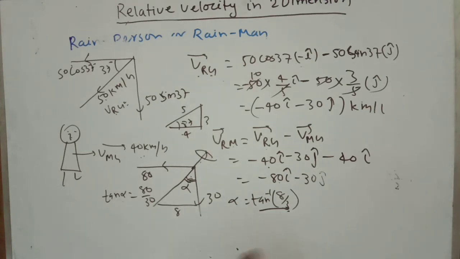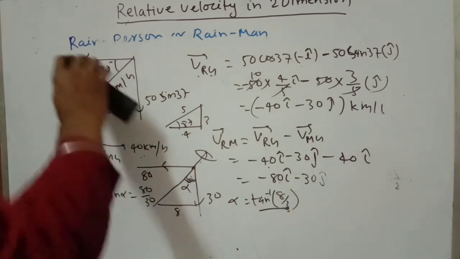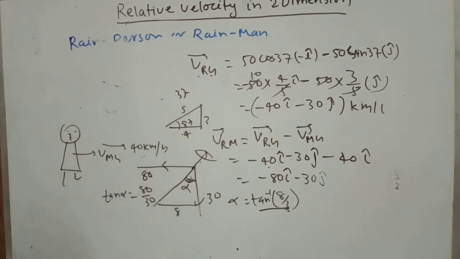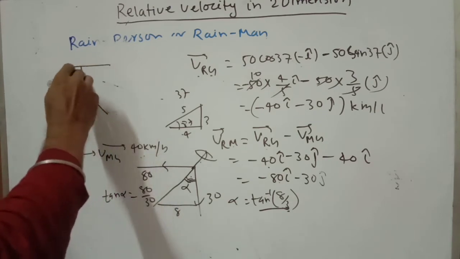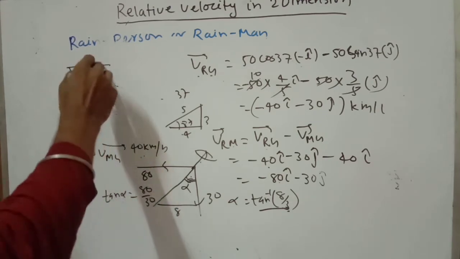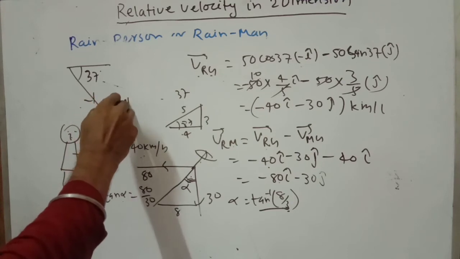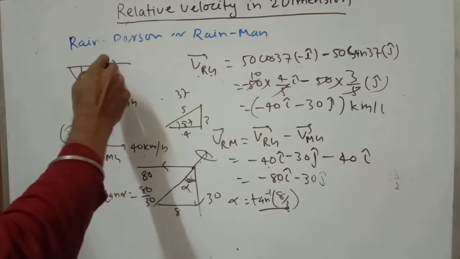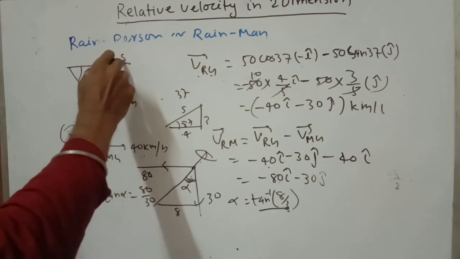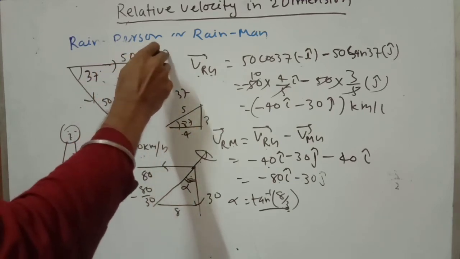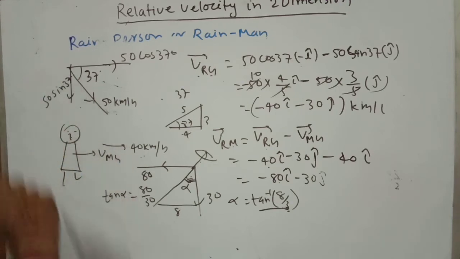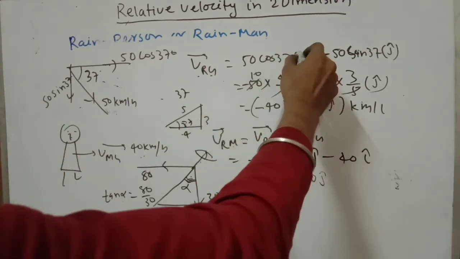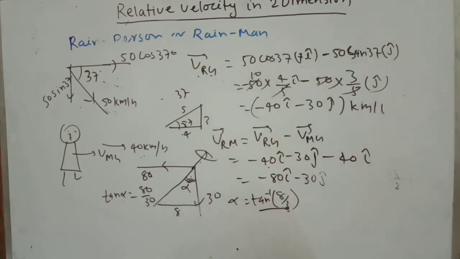Okay, the second example. Let this rain go in this direction with 37 degrees and 50 kilometers per hour. What is the velocity of rain with respect to ground? We can write 50 cos 37 in this direction and 50 sin 37 in this direction, so plus here and minus here.